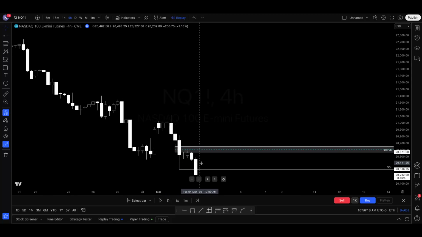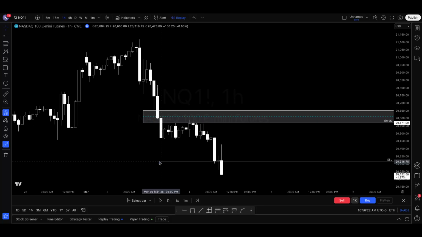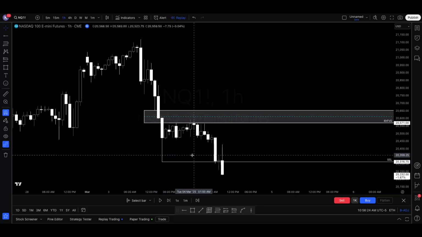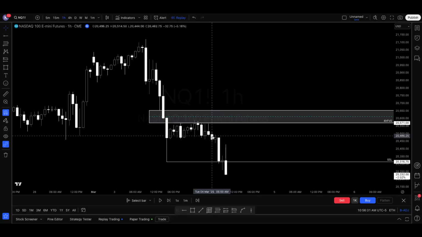So now that I have my areas where price could possibly reject and the area where we could target, I want to drop down to a 1 hour chart and see if there's another possible area of rejection within the New York AM session.